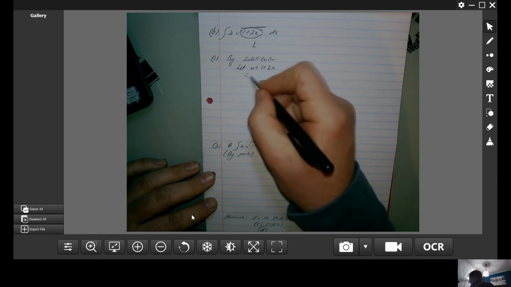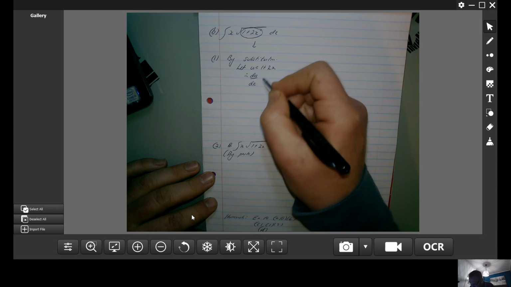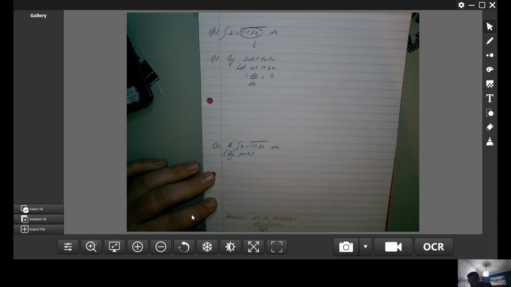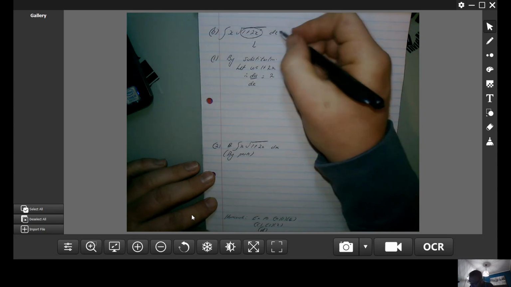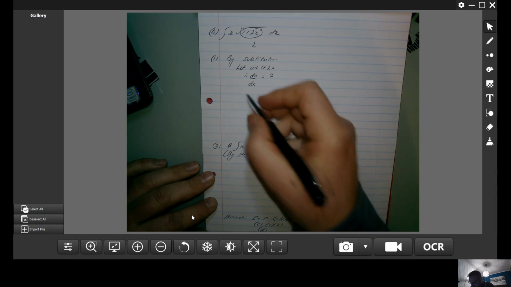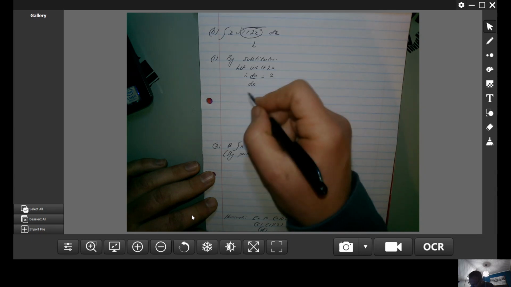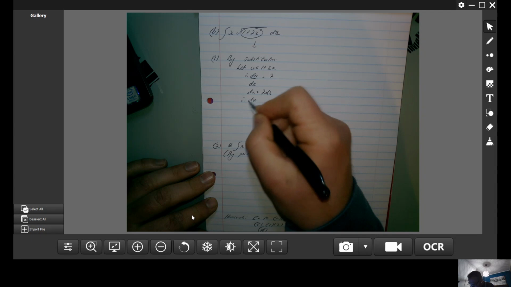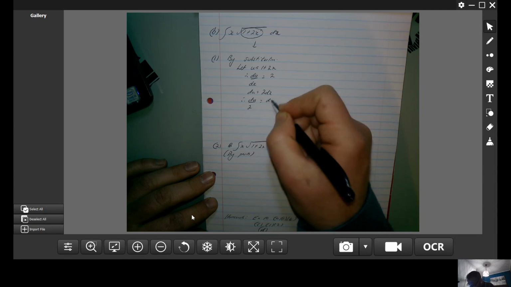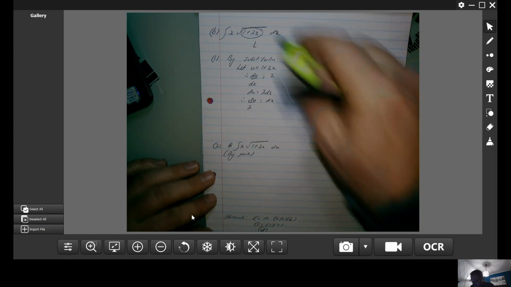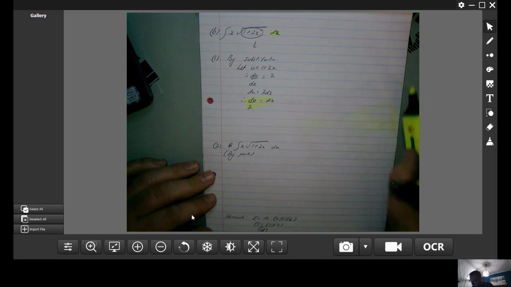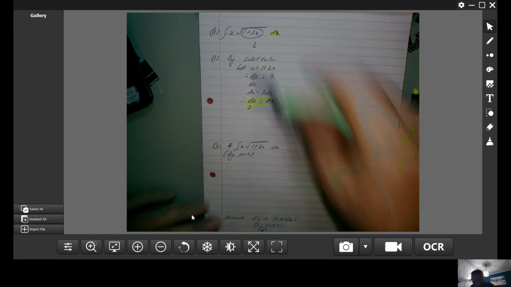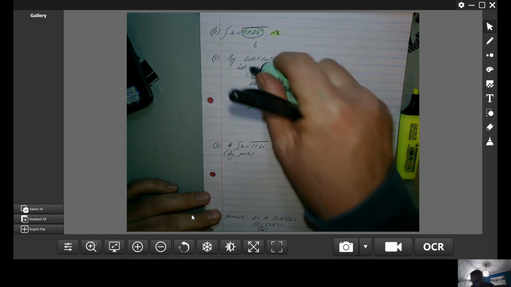So therefore, du dx is equal to 2. We've got to get rid of the dx, remember, in substitution. So I'm going to have du is equal to 2 dx, so therefore du over 2 is equal to dx. So dx, I could replace with du over 2. I can replace 1 plus 2x with u.